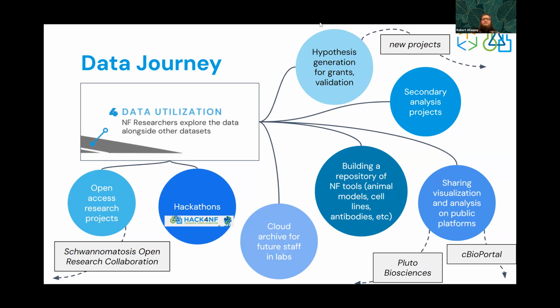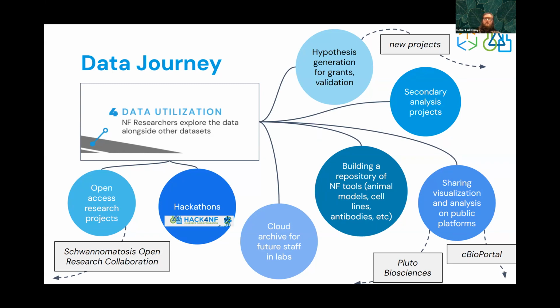And so there are a variety of ways that the data gets utilized that we've either tried to help encourage or that we've just seen occur once the data gets released to the public. We've seen data from our portal being used for hypothesis generation in grant applications or for validation of findings that people have done in their own labs.